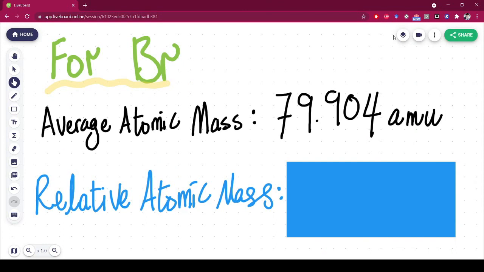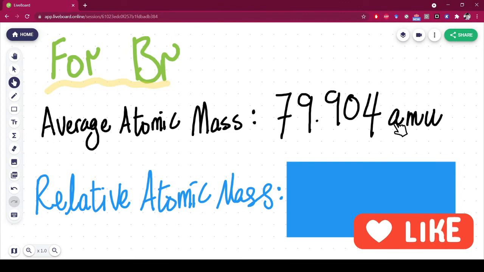To understand this, I think it's better for us to look at an example right away. For example, over here, we have bromine, and the average atomic mass, again, average atomic mass, is 79.904 with the units AMU. Again, this is the average atomic mass.